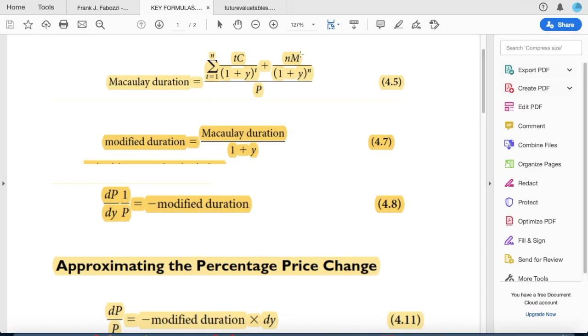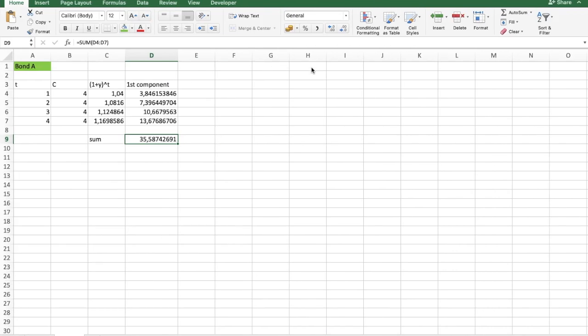Second component, which is the par value divided by the final period, multiplied by the final period and divided by 1 plus y power the final period. All right, so we have m, which is the final payment.